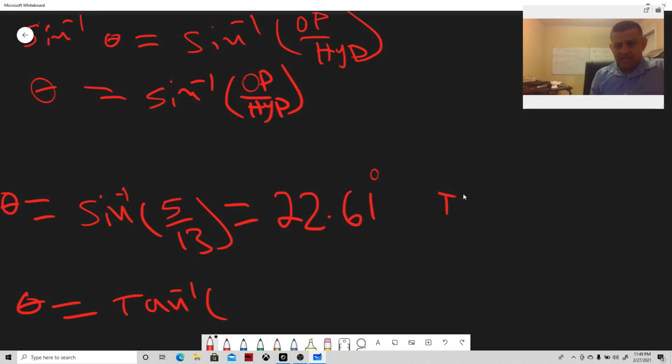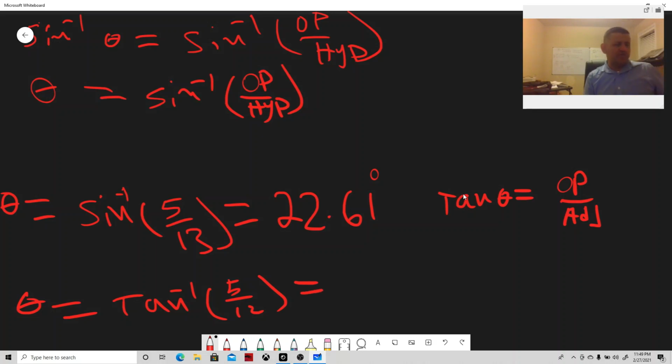So tangent of theta is equal to opposite over adjacent. In this case, tangent of theta is going to be equal to 5 over 12.